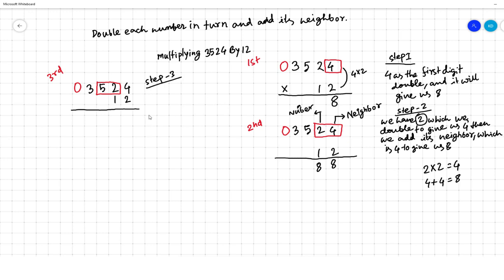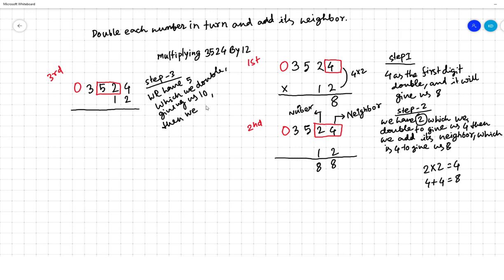Simple, double this number. We have here 5, which we have to double, so giving us 10.